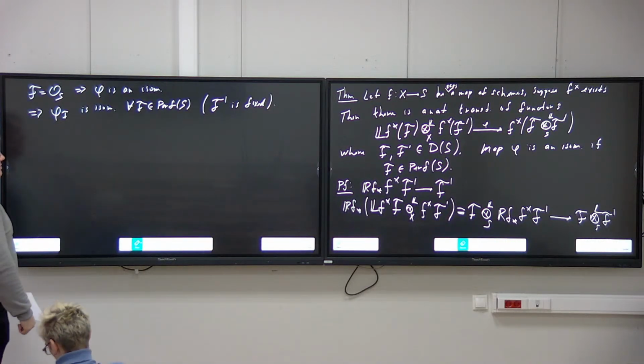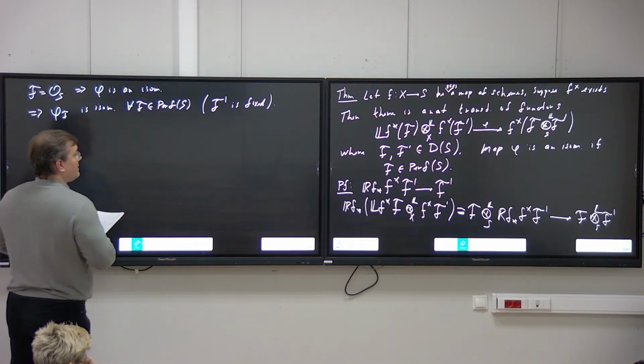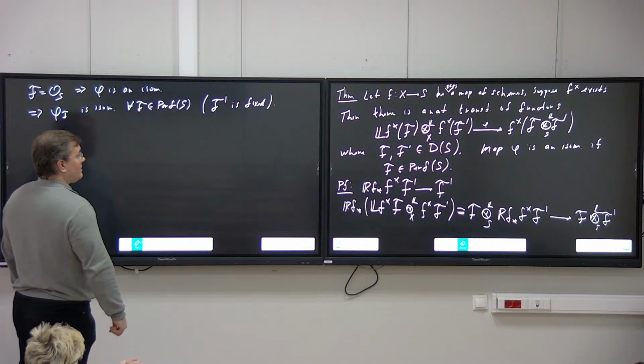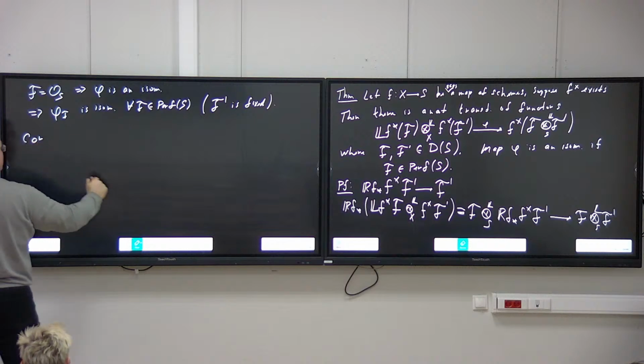So in some cases we can actually compute this. Let me maybe formulate this as a corollary.